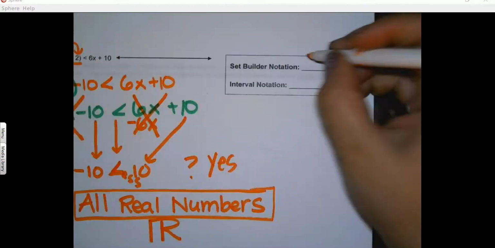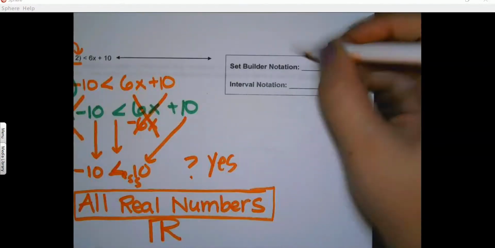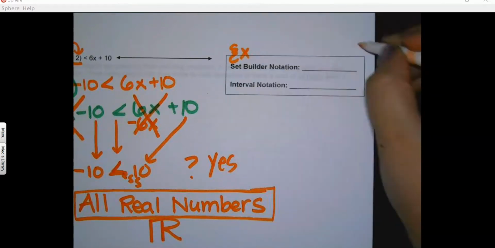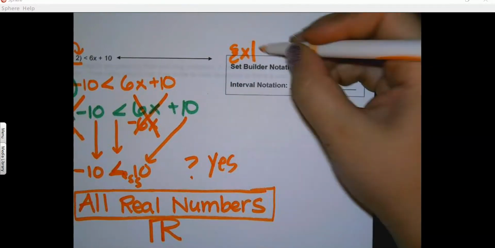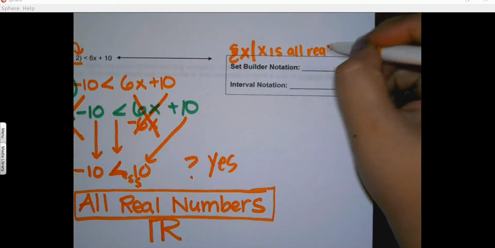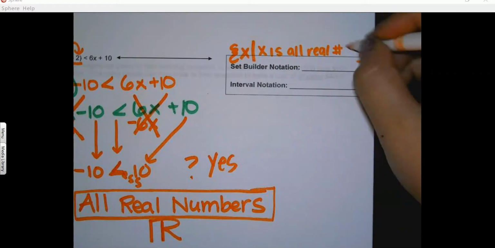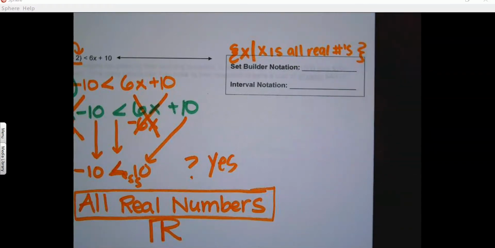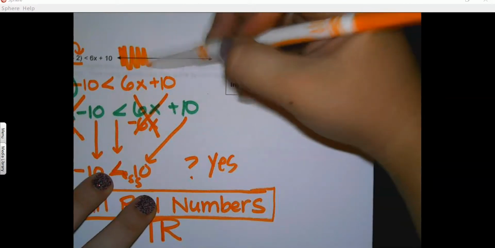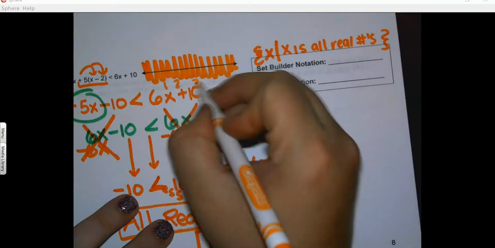So in set builder notation, I'm going to write it up here because I need more room. X such that x is all real. I'm going to put the pound sign for numbers because I'm running out of room. Interval notation, well, everything works. So put whatever numbers you want on the graph because any number will work.